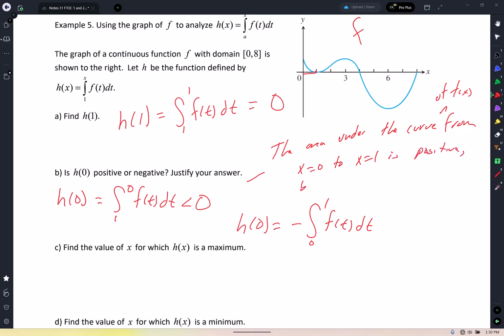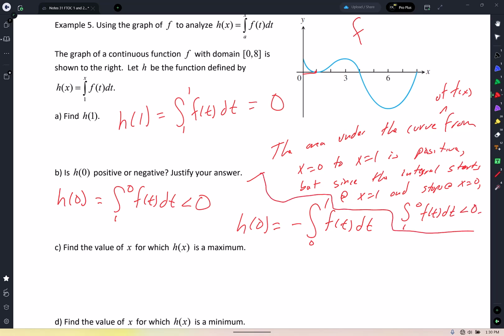But since the integral starts at x equals 1 and stops at x equals 0, the integral from 1 to 0 of f of t dt is negative. That's how you say negative in math.